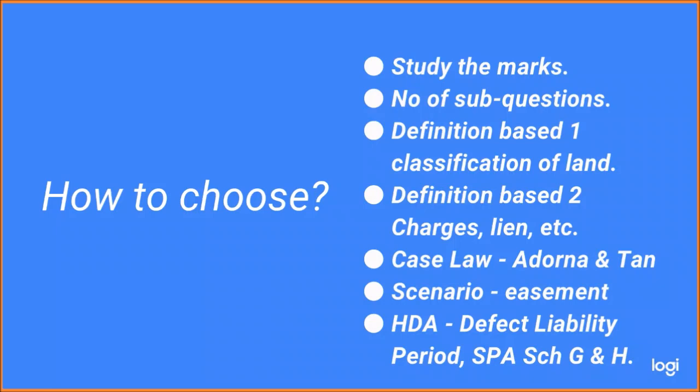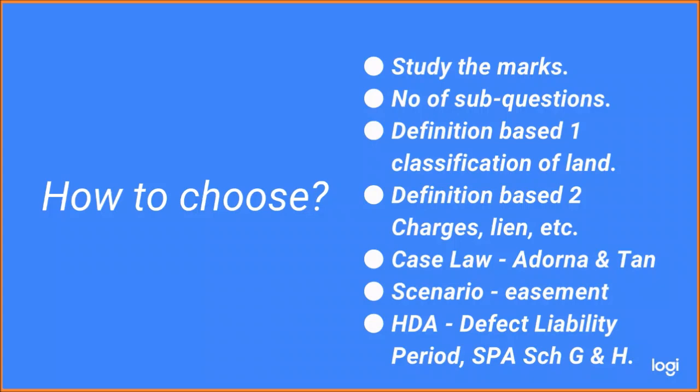Then next you target those definition questions. If you can get a question which is easy and straightforward, because classification of land, for example, you are quite sure, then you can score the points easily. So those easy definition types, you should score and keep it in your pocket first.